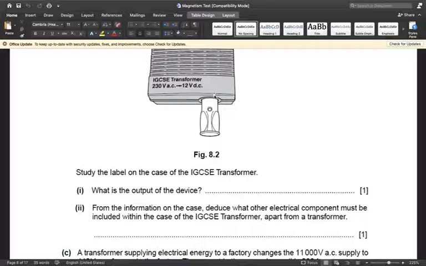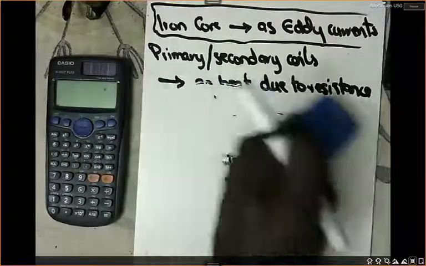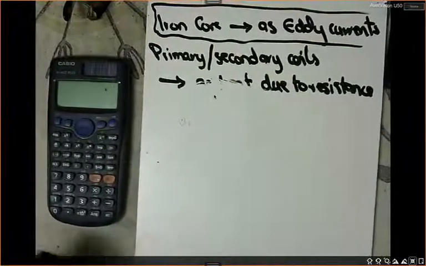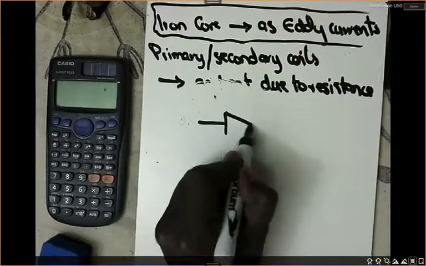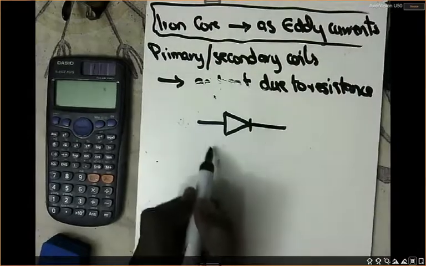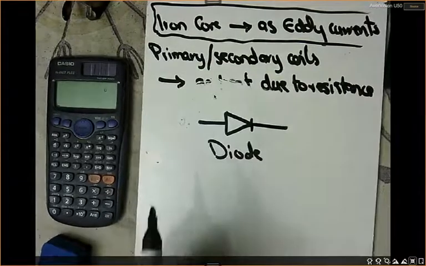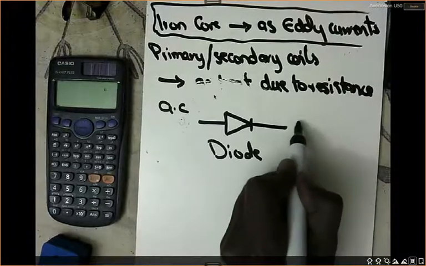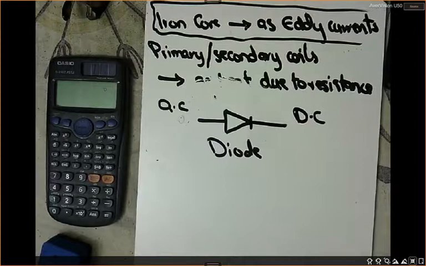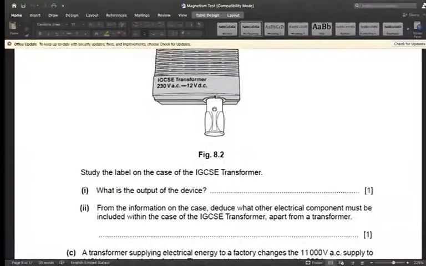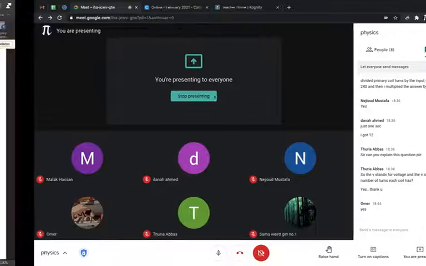We haven't talked a lot about it, but the other device that changes AC to DC is called a diode. This is something that you need to know, and we'll talk about it today as well. So a diode changes AC current to DC current. Good?